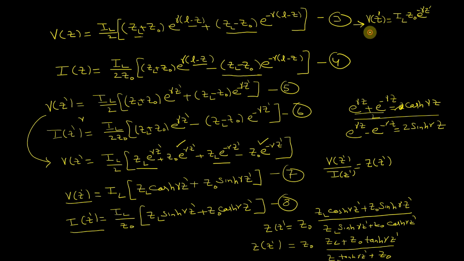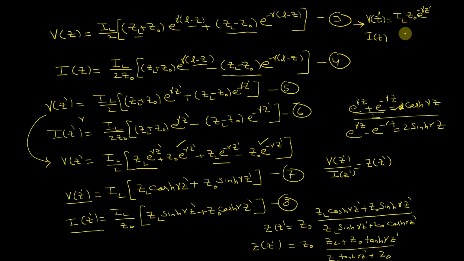Similarly for this Iz, this term will be 0, that term will be 0, and put z is equal to z naught, so z naught will be cancelled out. So you will get IL. What is IL? IL is equal to I input.